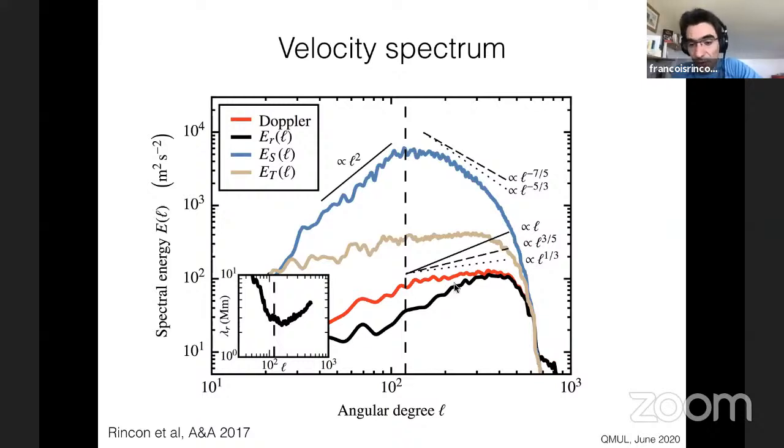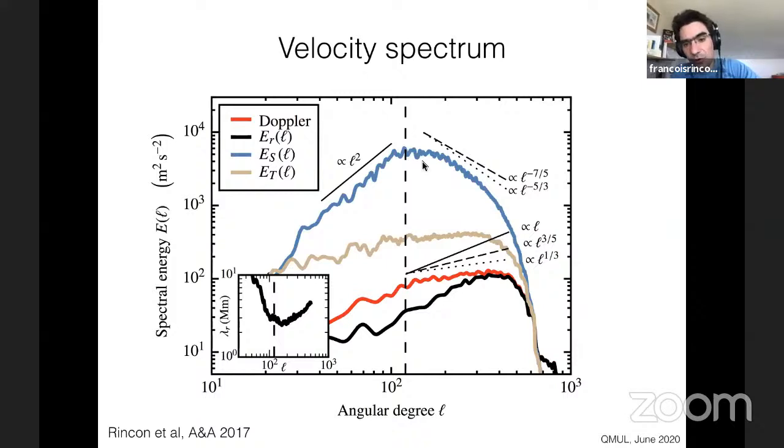So here I've downgraded the Doppler to have the same resolution as the horizontal velocity field. But if you just take the Doppler alone, you would see that actually there is an increase of the radial velocity as you go to smaller scale down to granulation. And in terms of radial velocity, the peak takes place at the granulation scale, around 1,000 kilometers.